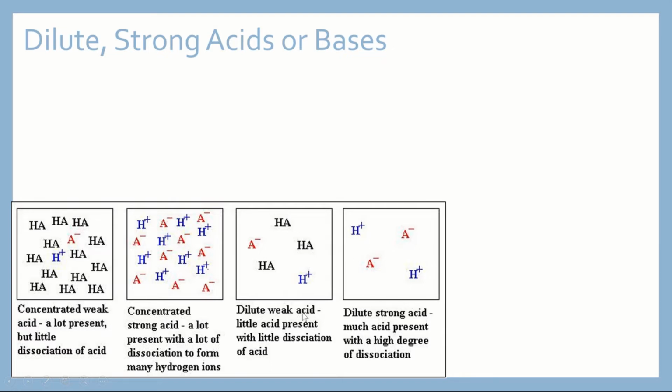And we look here, here's a weak acid. Again, we know it's weak because it didn't dissociate very much. We only have one ionization or one dissociation. Most of those HAs are still hanging out together. So it's not a strong acid, it's a very weak acid. It did not dissociate much. And it's also dilute, because it doesn't have very many acid per square inch, or whatever unit of volume we're looking at, cubic inch.